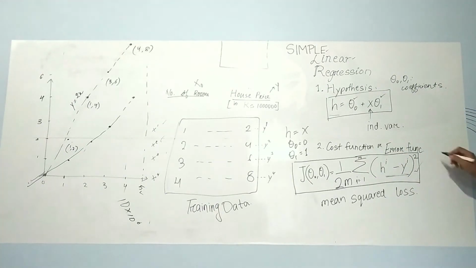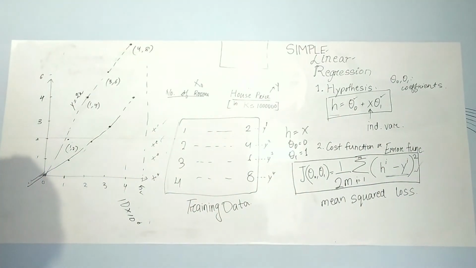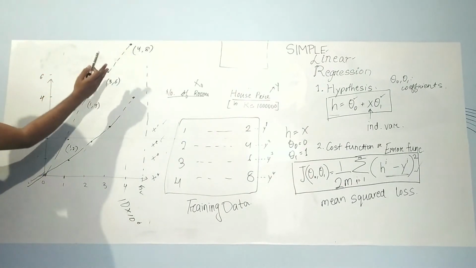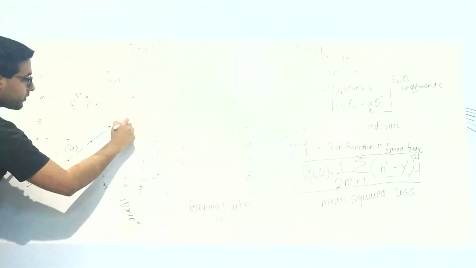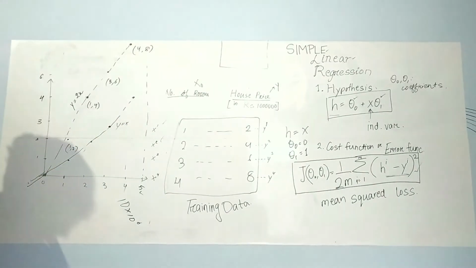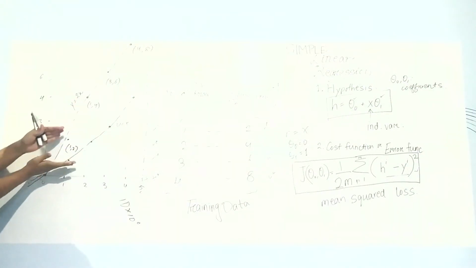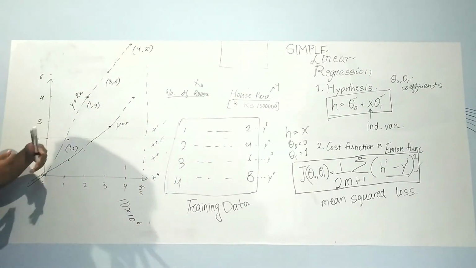Why are we taking this kind of error function? Look at this graph now. The plot that we need is this, but the plot we have now is this one, y equals to x. How do we get from here to there? So first we need to calculate the error between the points, and then we need to modify the hypothesis.